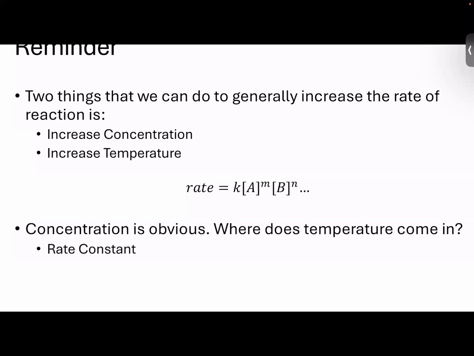We know increasing the temperature increases the rate, but where is that temperature located? The answer is the temperature is a factor of the rate constant. So up until this point, we just said the rate constant is the slope. Well, but what does that mean? What does a rate constant mean? How is that related to temperature? Well, that's what we're going to look at starting now.